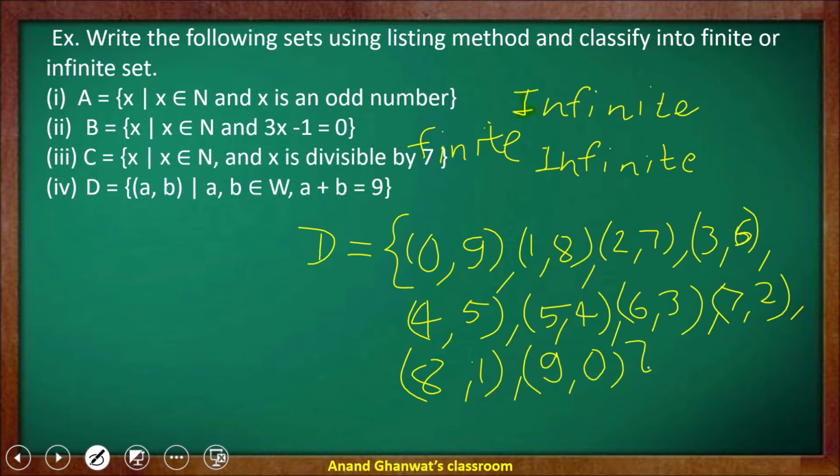So these are all the possible pairs which satisfy the given condition that a plus b is equal to 9. Therefore, total how many pairs of elements are here? Total 10 elements are here.